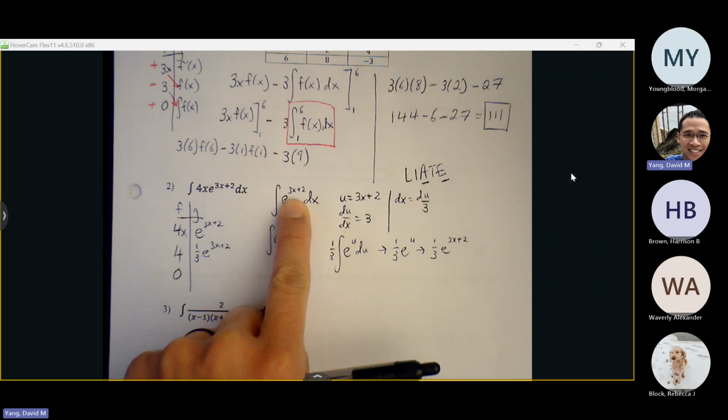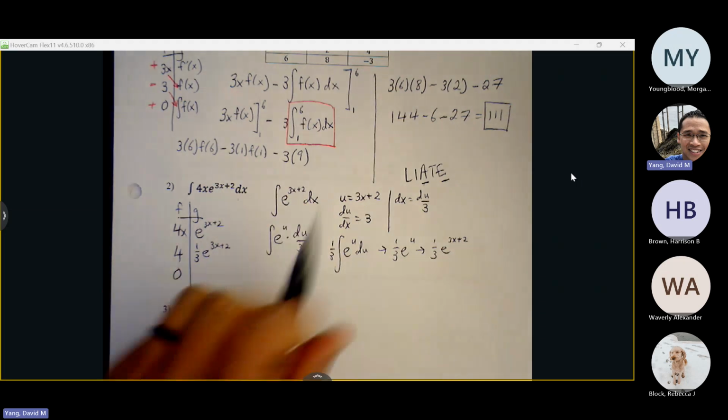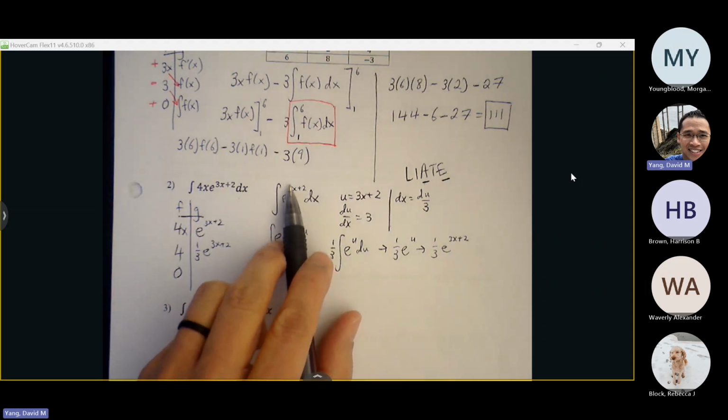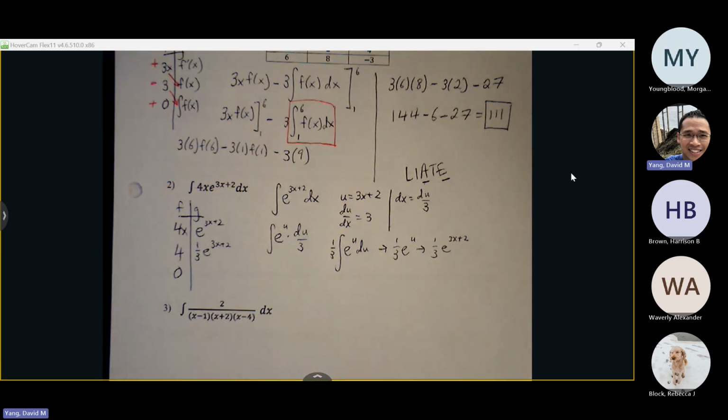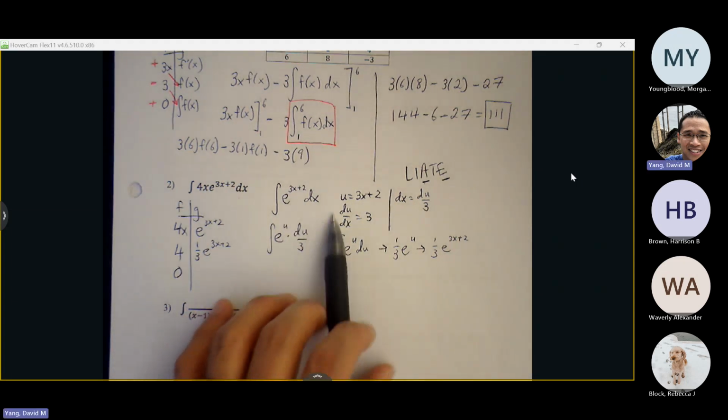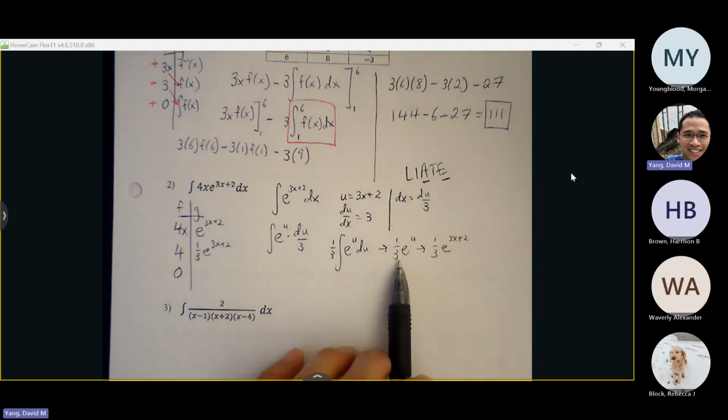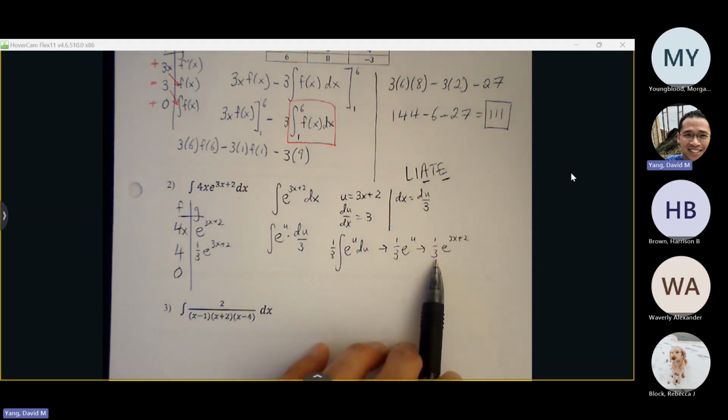Is there a shortcut, or would you always have to go through u-substitution? I mean, there's a shortcut if it's linear. You just find the derivative and then make sure you flip it. It's the opposite of the chain rule, right? So instead of times 3, it's times 1/3. But if you don't want to memorize that rule, you can always go through u-substitution and convince yourself that it's going to be the 1/3 that comes out of it.